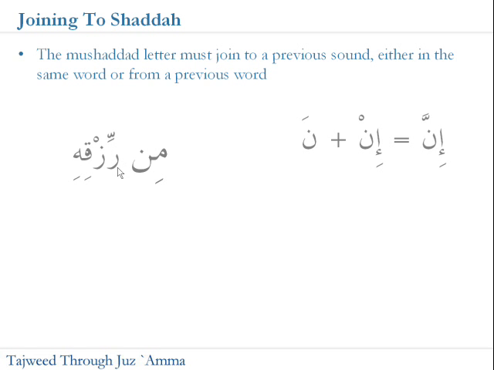So the ra which is sakin must join to a sound before, and the only sound we've got before is the mim with the kasra, because the noon in the min is actually sakin as well. So you join the mi sound directly to the ra which is sakin. So essentially we have the sound of mirri, mirri, and we've got the double up sound. So if we hold it for 1.5, it would be mirri.